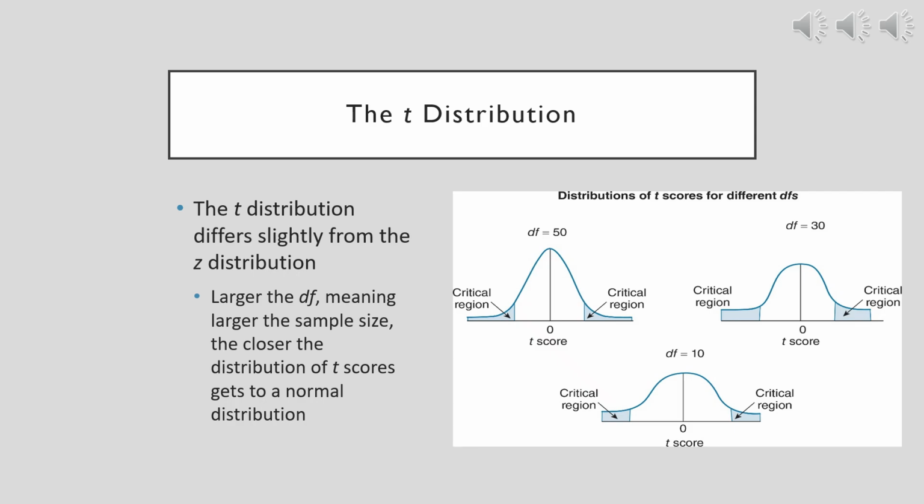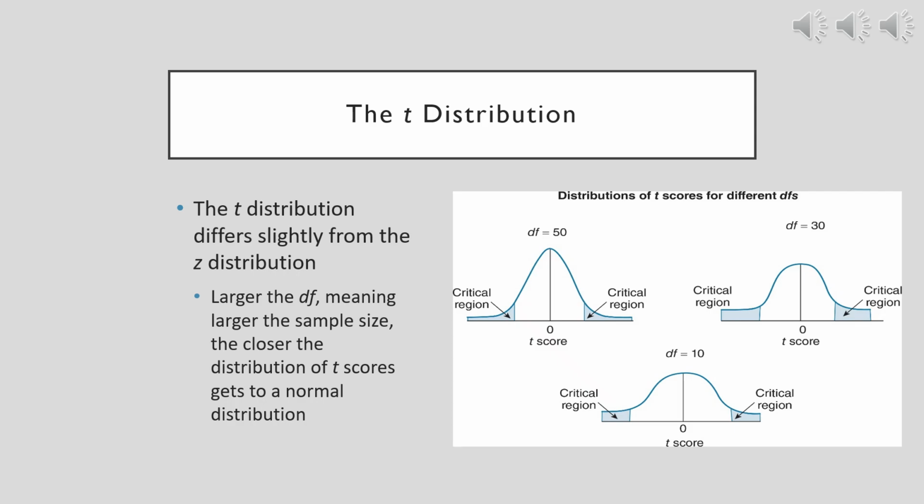T-distributions typically have a bit more of their regions in the tails. So they have thicker tails, or what statisticians literally call fat tails. And so they have more of their distribution found in those tails compared to a standard normal distribution, for example.